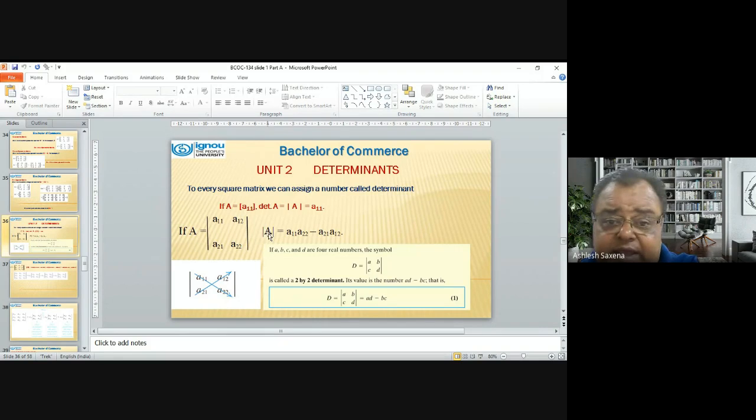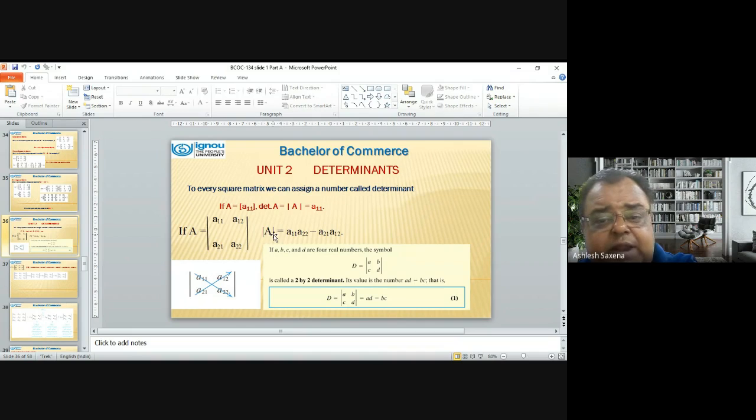This is A only and here it is written as mod of A, with these two parallel lines. What we are going to perform? We will be multiplying this with this. Here it comes. Place a minus sign, come this way or this way. That doesn't make any difference. Either you multiply by this or with this, these numbers are not going to change.